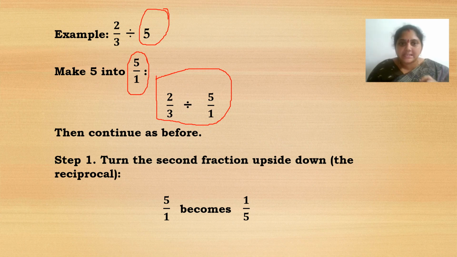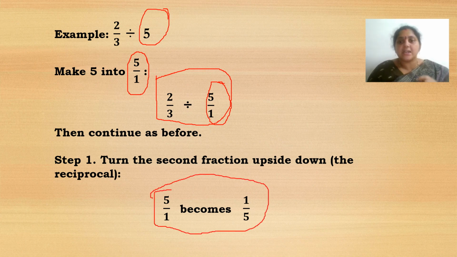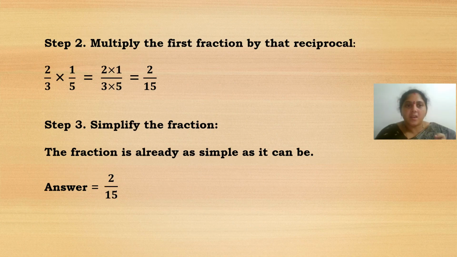Now what is our next step? Turn the second fraction upside down, the reciprocal. We convert 5 by 1 into reverse form. 5 by 1 becomes 1 by 5. We are interchanging the digits in the numerator and denominator. That is called the reciprocal.